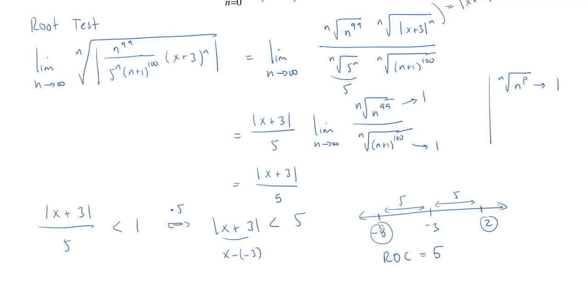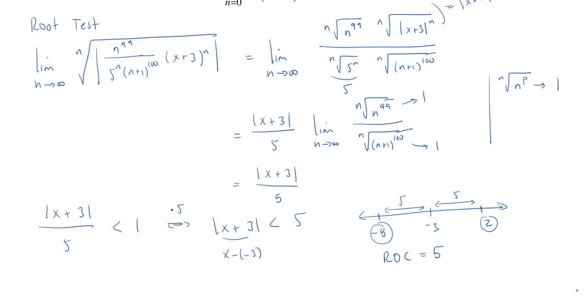Why? At -8 and at 2, that's where we would have gotten that the ratio, the absolute value of (x + 3)/5, was equal to 1, and the root test doesn't tell us anything about what happens when that ratio is equal to 1. So we need to check those individually. Those two cases are when x is -8 and x is 2.